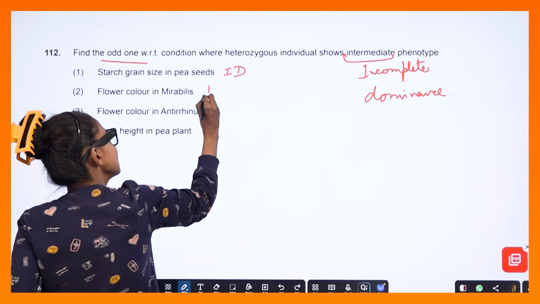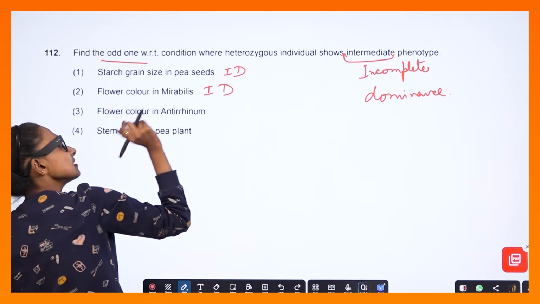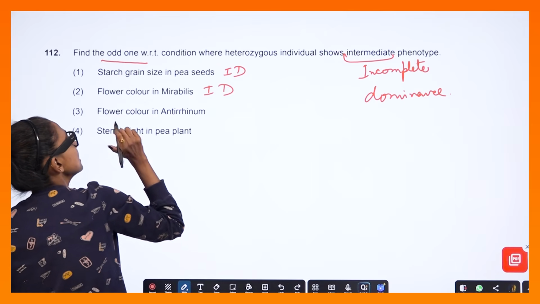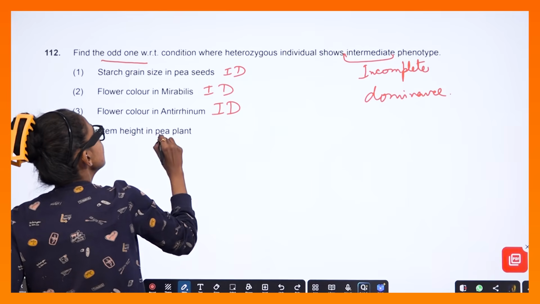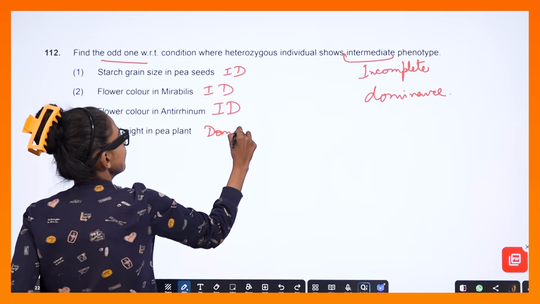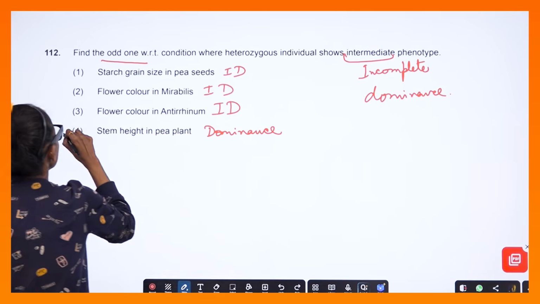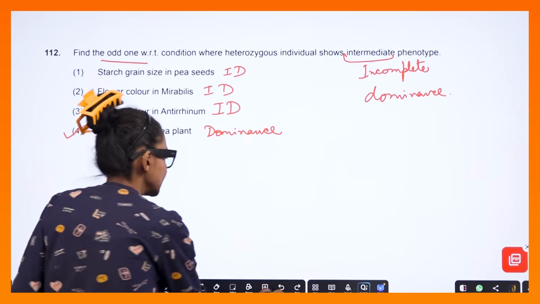Flower color in Mirabilis, pink, is incomplete dominance. Pink flower color in Antirrhinum majus, incomplete dominance. Stem height is dominance, so that means this is the odd one out. Let's move on.